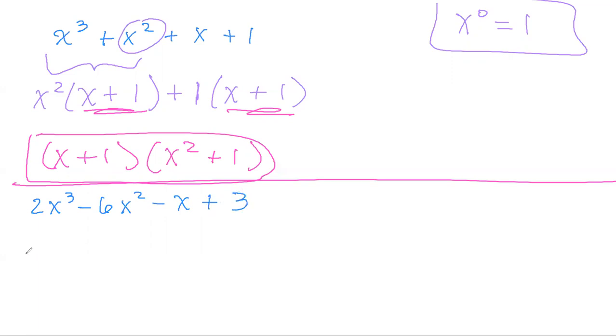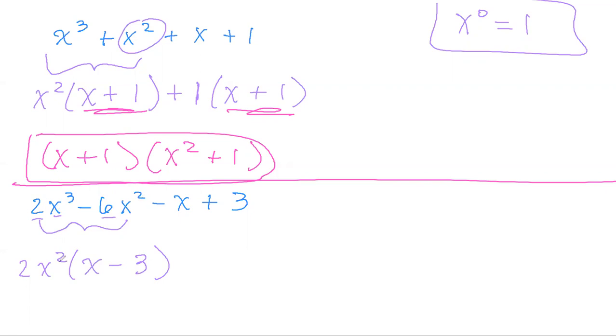Okay, so here I'll factor the first 2 terms. 2, negative 6, I can take out a 2. For the x's, I can take out an x squared, so I'm left with x on the inside minus 3, right? Because with the x's, I took out 2 x's, so I just have 1 left over.